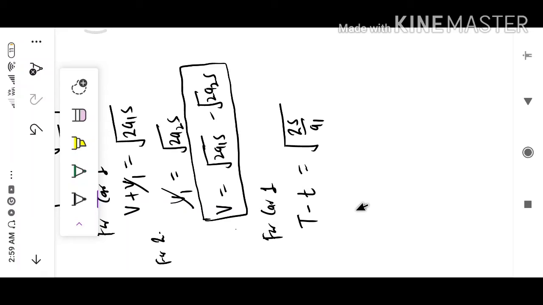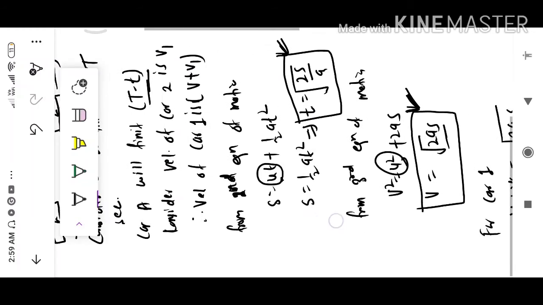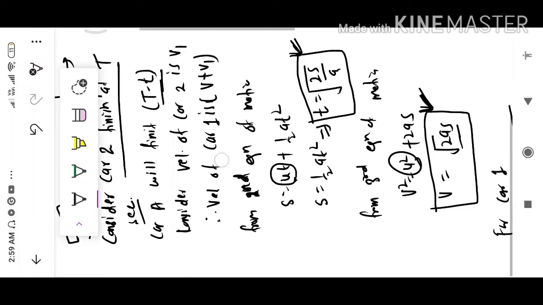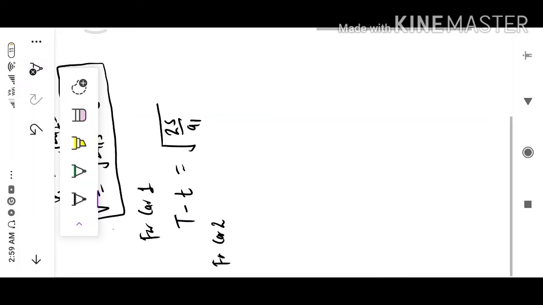And we have already assumed that car 2 finishes at capital T seconds. So I can write capital T is equal to root 2s upon a2.